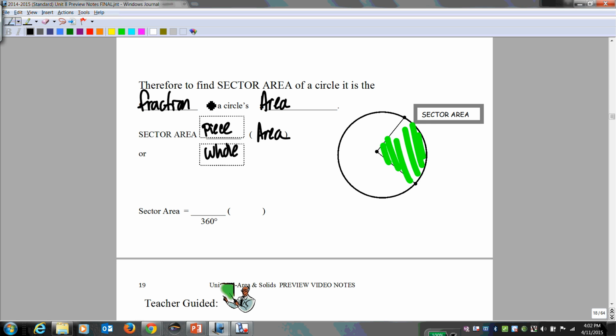It's a fraction of. Of means multiply. In this case, our piece would be theta, which is our central angle, over our whole, which is 360, times area, which is pi r squared. This will make sense as we do a couple examples.